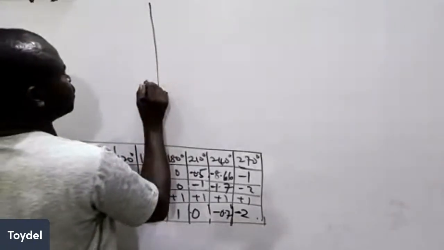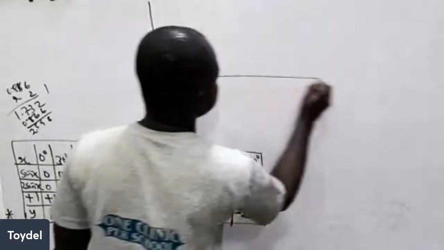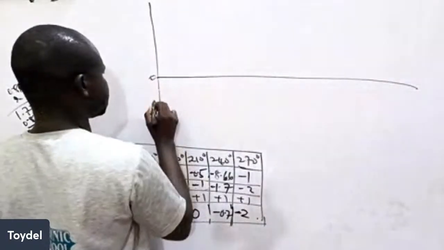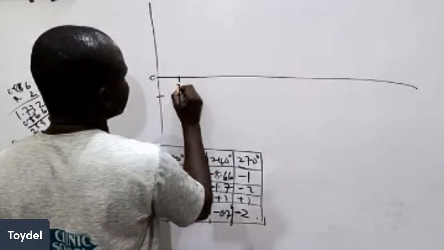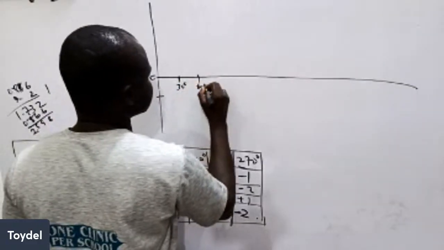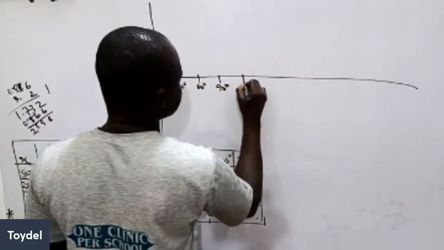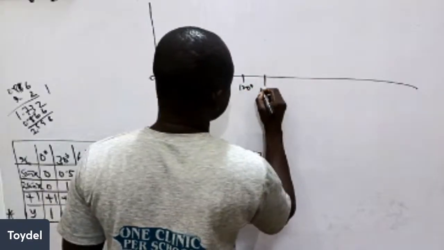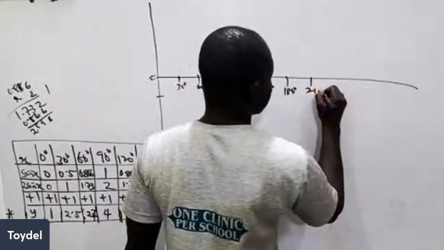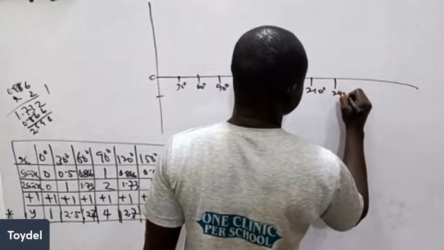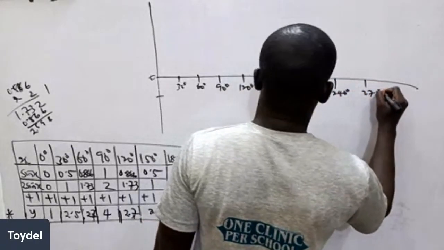I'll start from 0, then I will have 30, 60, 90, 120, 150, 180, 210, 240, 270.